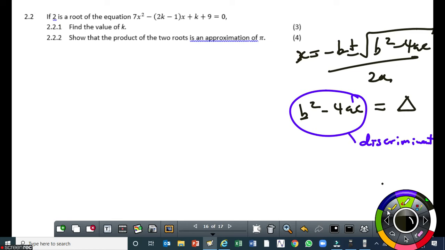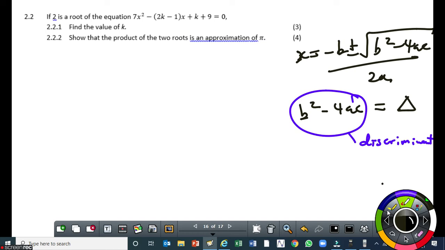If it's equal to 0, then you get one root twice. If you get 0 inside the bracket, the square root of 0 becomes 0. So you're left with x equal to minus b over 2a. You get two solutions that are equal if the discriminant is equal to 0. The discriminant can also be a perfect square, like 25, 81, 36, and so on.